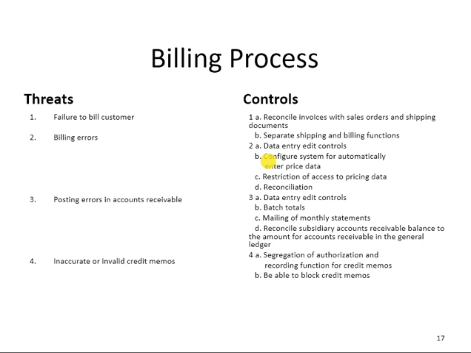It cannot be changed or modified unless it's authorized, and the pricing data also has to have restricted access. Reconciliation can also help to mitigate billing errors.